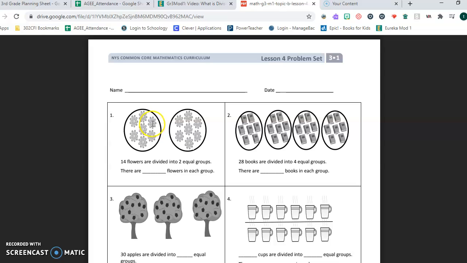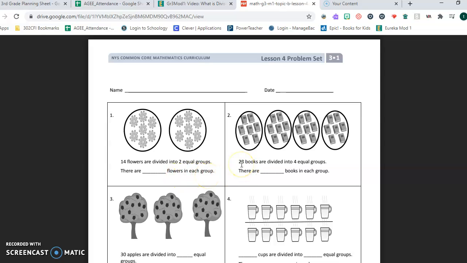The easiest way to do it when the numbers are small is to just count what's in each group. 1, 2, 3, 4, 5, 6, 7. But as you get more experience and more practice, you should start recognizing that we could say 14 divided by 2 equals 7. There are 7 flowers in each group.